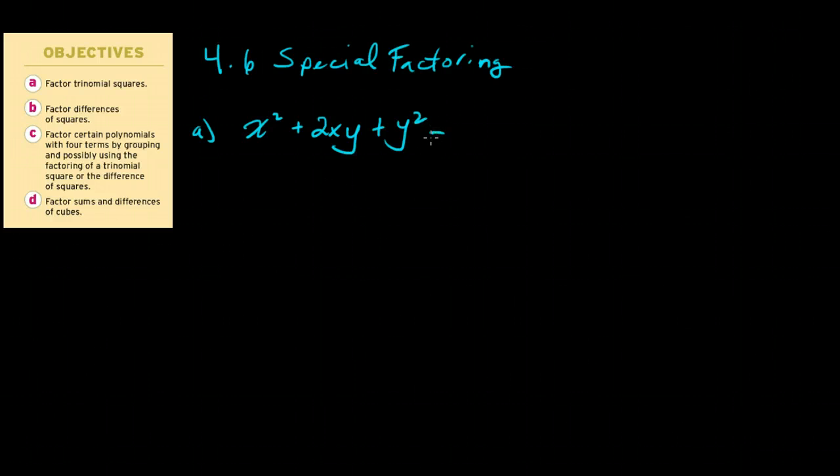Now, to factor that, we could go about our business as usual by creating our little guy here, and doing. I need factors of y squared, 1y squared. That'll give me 2 xy's, right?